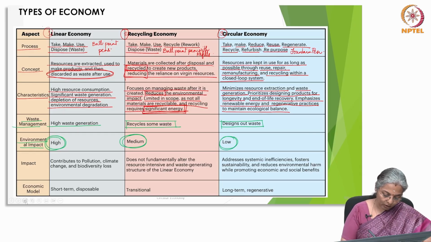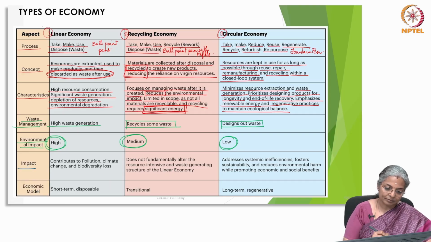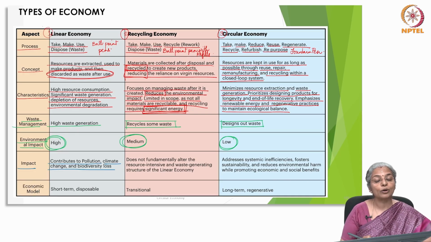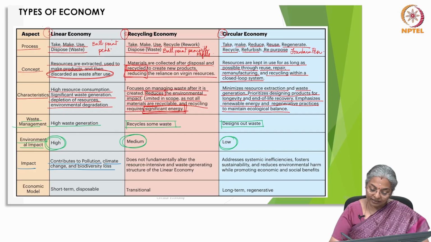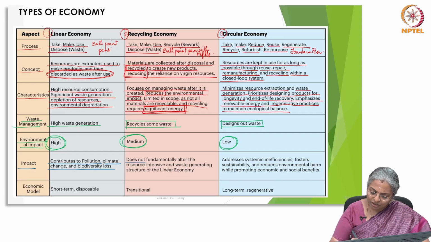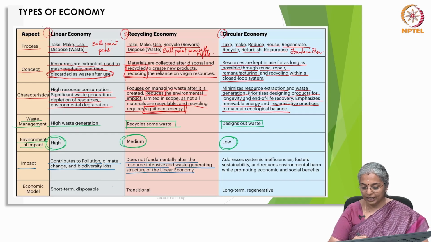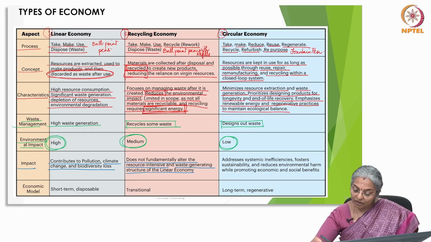If we look at the aspects where the impact happens, linear economy contributes to pollution, climate change and also biodiversity loss. The recycling economy does not fundamentally alter the resource intensive and waste generating structure of the linear economy, but the circular economy addresses systemic inefficiencies.